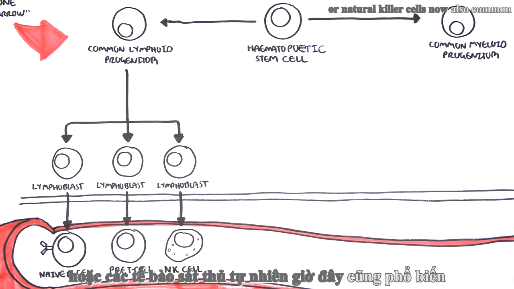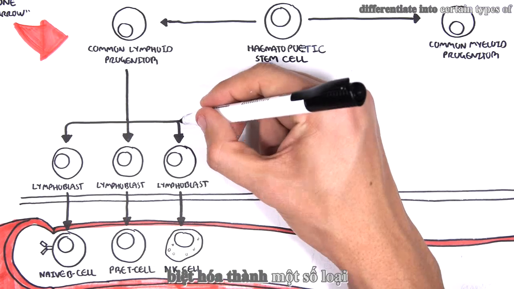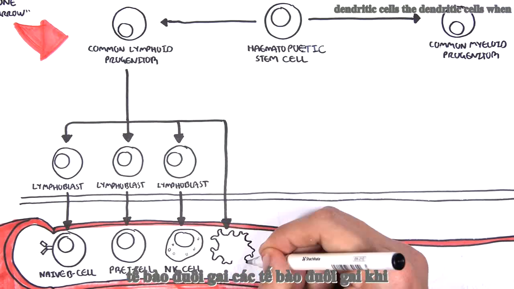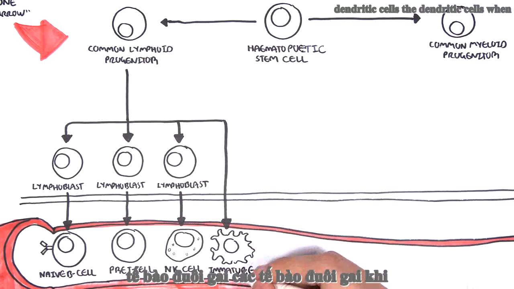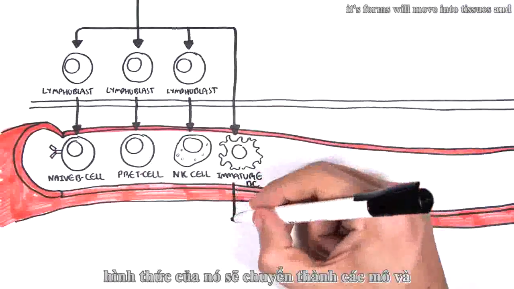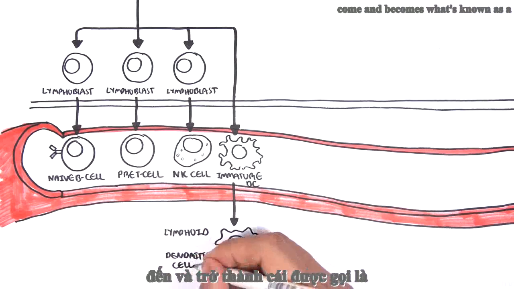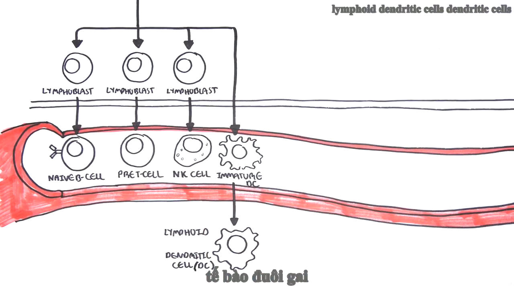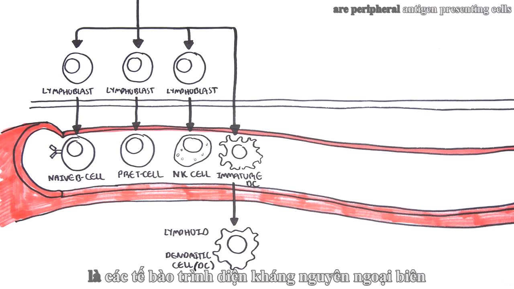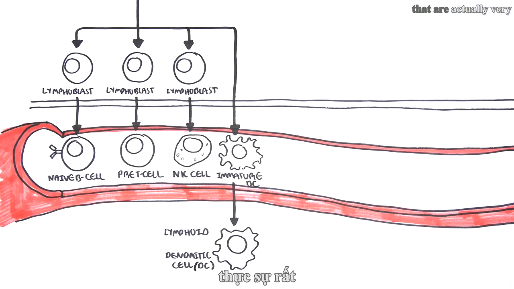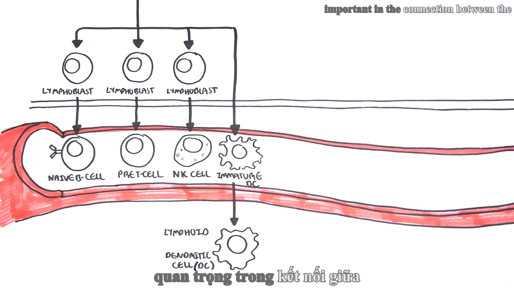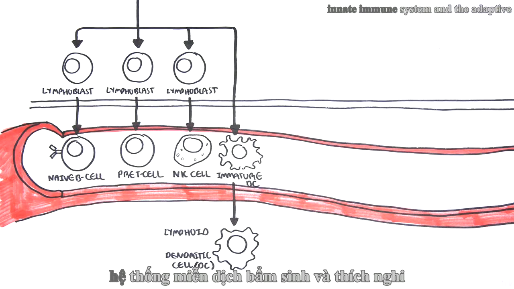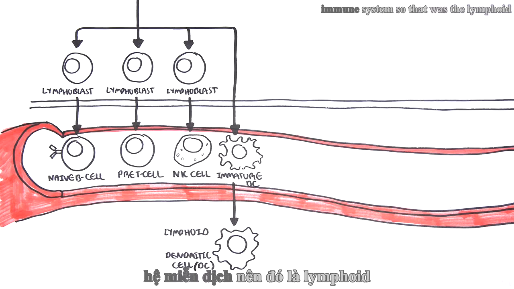Now, also common lymphoid progenitor cells can differentiate into certain types of dendritic cells. The dendritic cells, when formed, will move into tissues and become what's known as lymphoid dendritic cells. Dendritic cells are peripheral antigen-presenting cells that are very important in the connection between the innate immune system and the adaptive immune system.